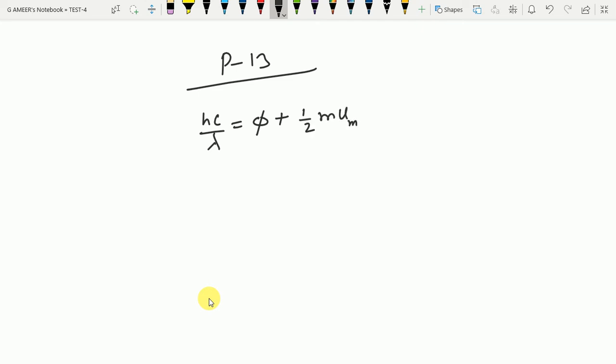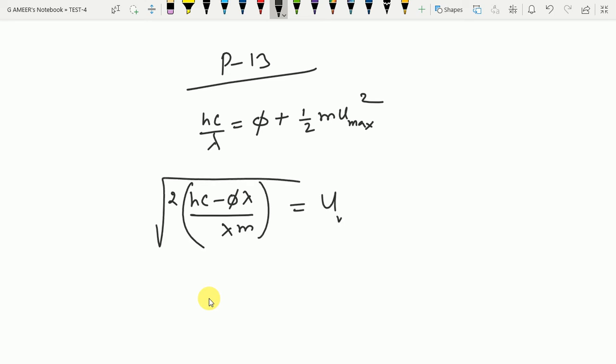When we simplify this, I get hc minus phi lambda by lambda. So m will come here and 2 will go here, and the square root will come as u max. This is direct formula based. So the C option is the best matching and will be the correct option here.